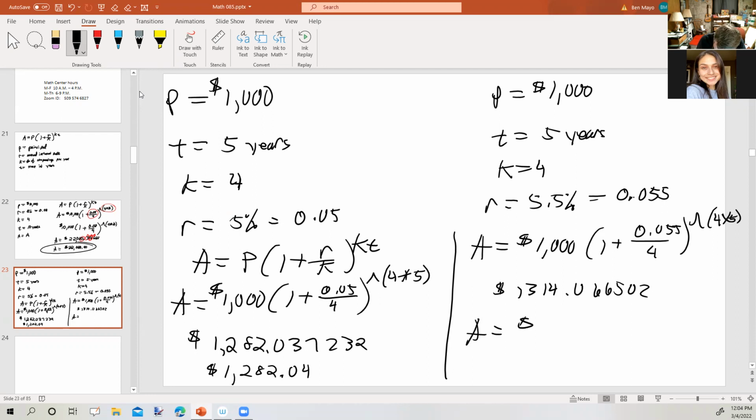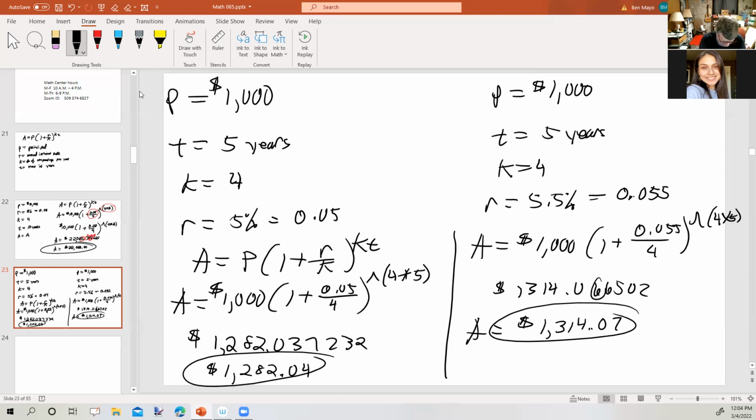So 1314.07. But it said how much more interest. Okay, so I've got to take that minus that. 1314.07 minus 1282.04, and I get $32.03.